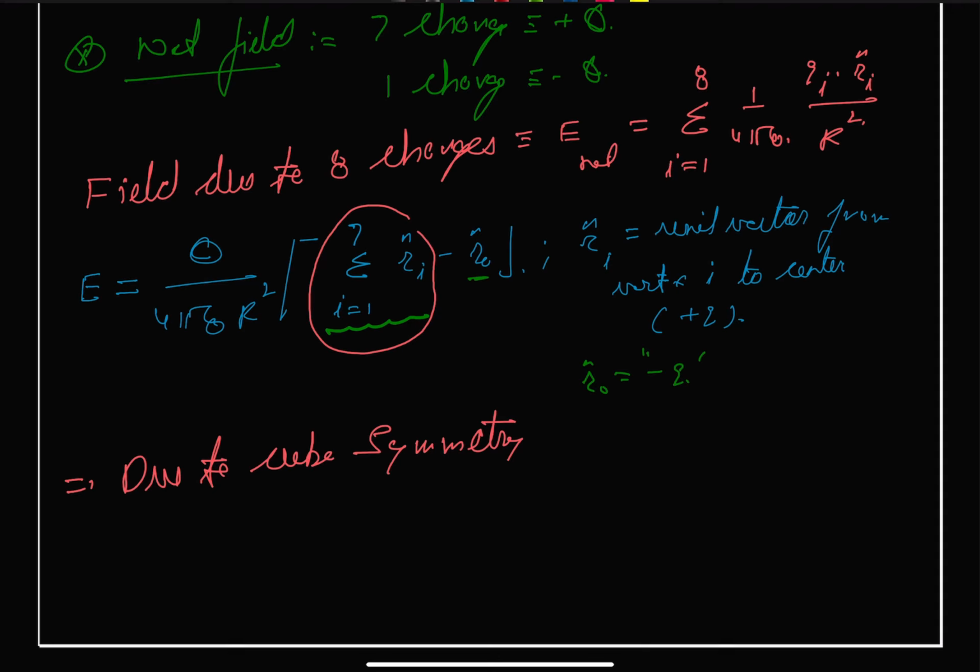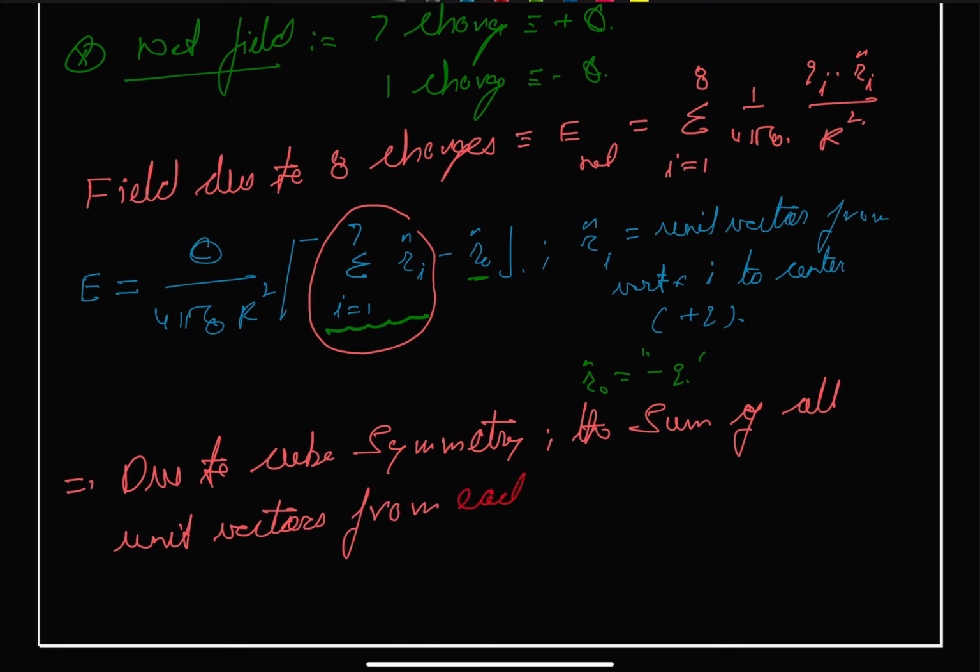Due to symmetry, the sum of all unit vectors from each vertex to the center is 0.